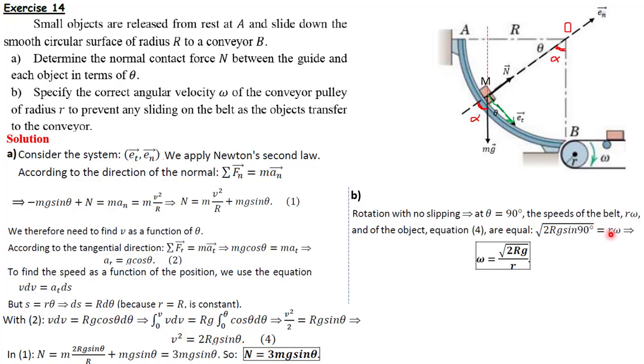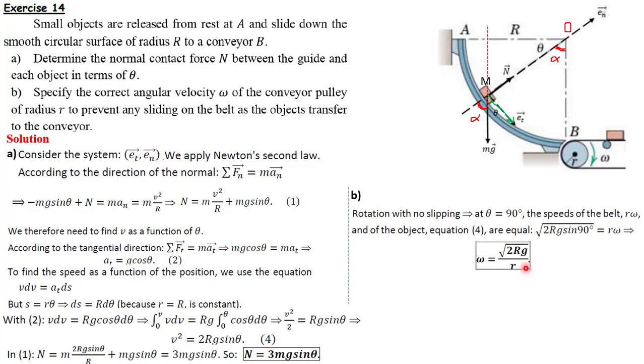So we have to write r omega is equal to the radical of 2rg sine theta, where theta is equal to 90. So r omega is equal to the radical of 2 capital R times g, and finally we can obtain the value of the particular angular velocity necessary to prevent any sliding on the belt, and this is equal to the radical of 2 capital R g over small r.